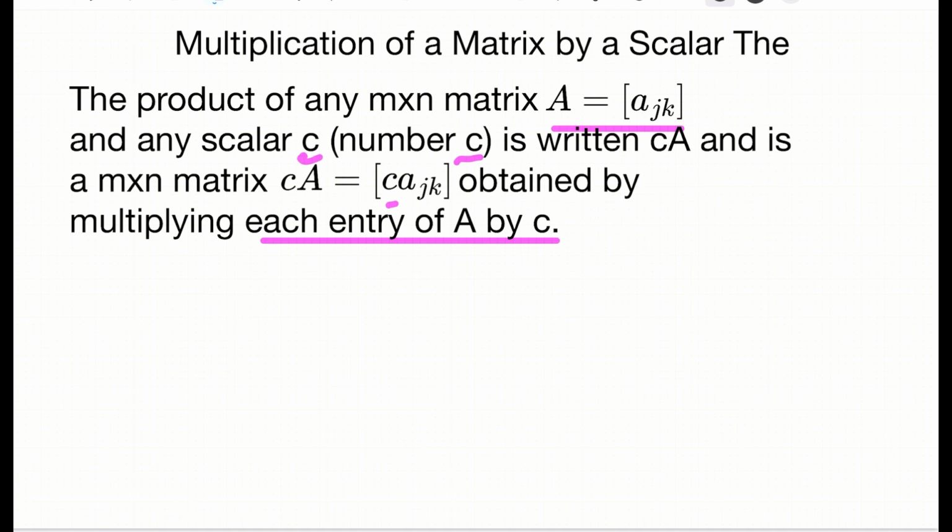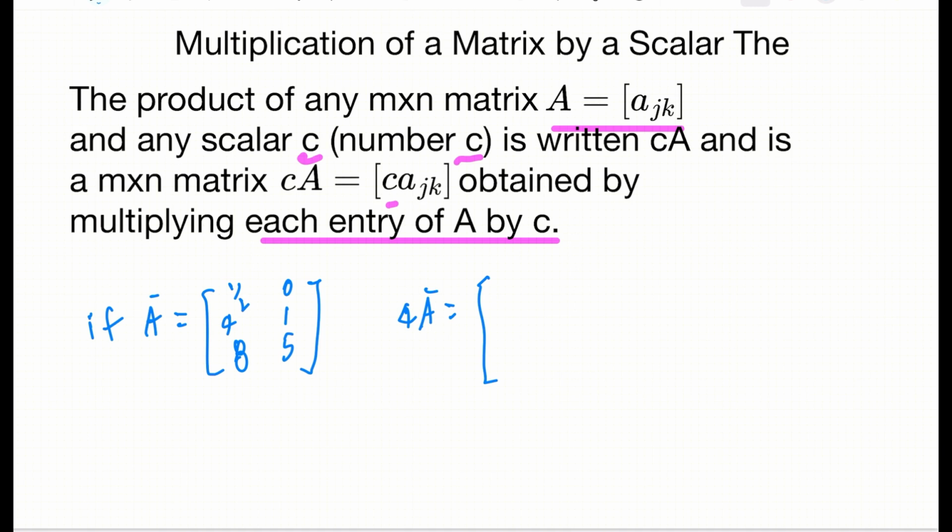Let's do a simple example. So if A is equal to 1/2, 4, 8, 0, 1, and 5. Now let's take 4, so that's our C, 4 times our matrix. So it's 4 times 1/2, 4 times 4, 4 times 8, 4 times 0, 4 times 1, 4 times 5.